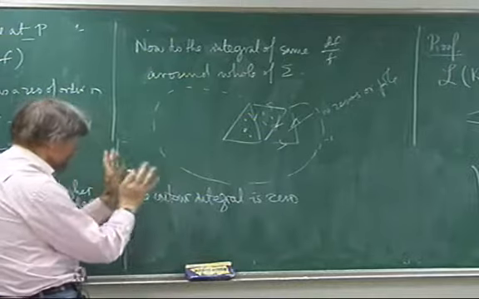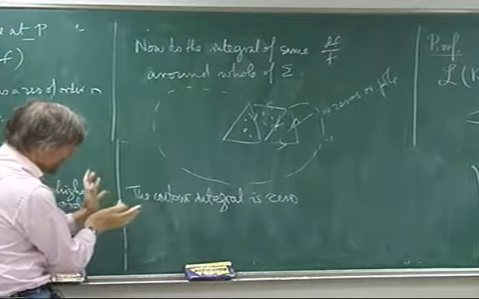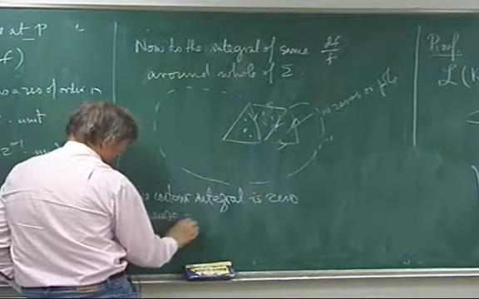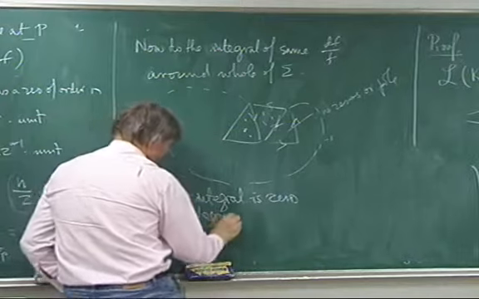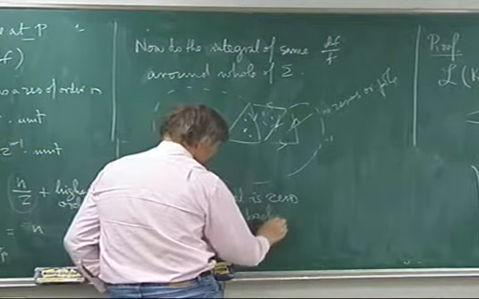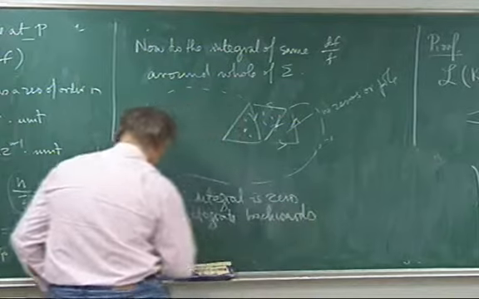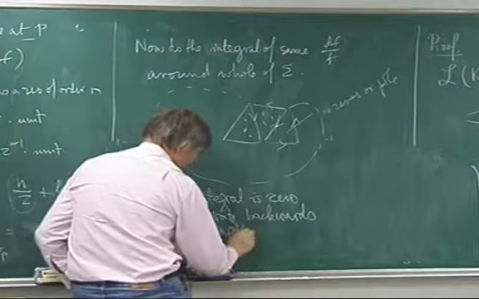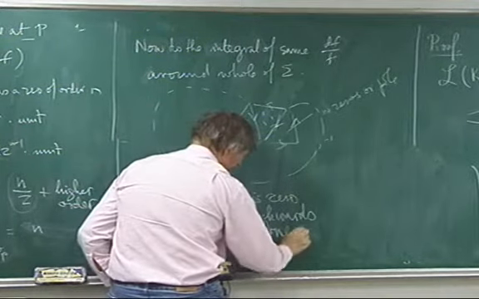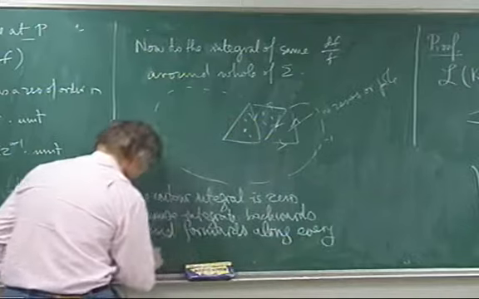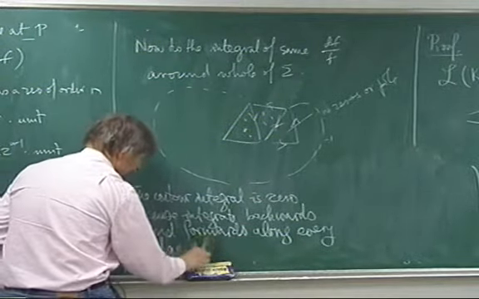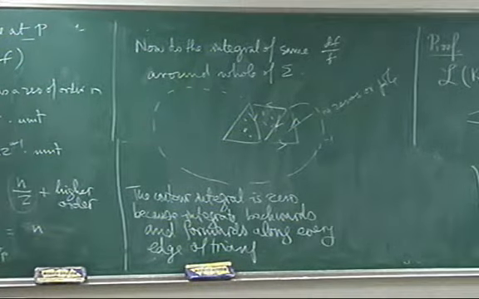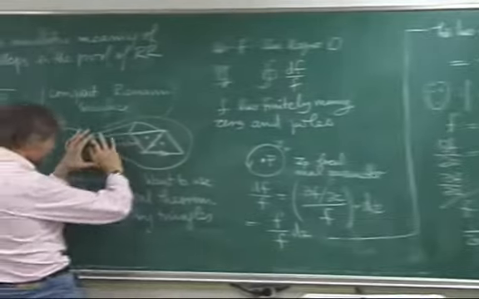So I've chosen the triangulation to avoid any of those finitely many points, right? But because we integrate backwards and forwards along every edge of the triangulation, I've covered this.